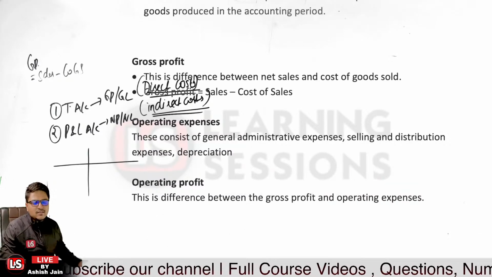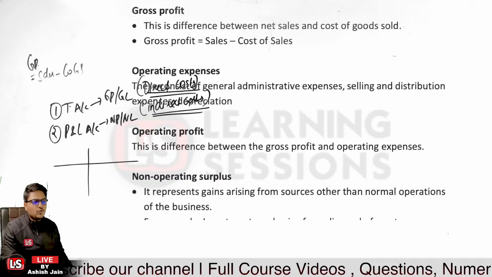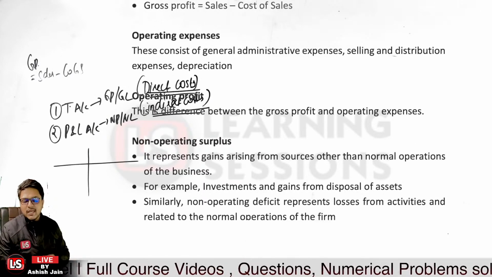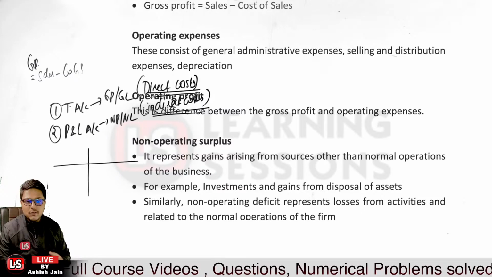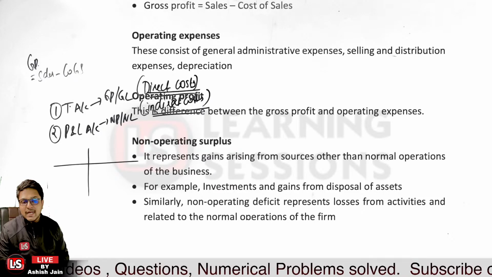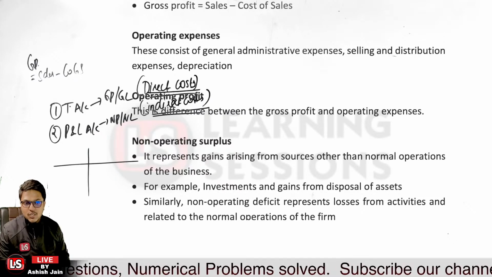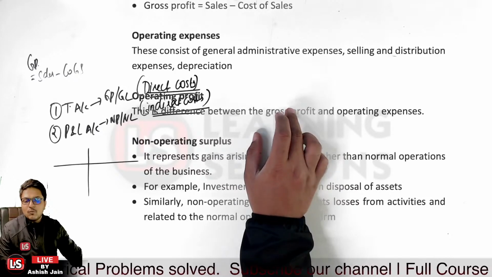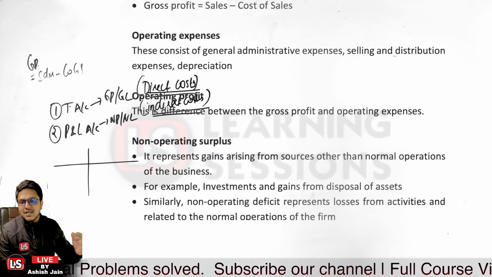Further, the next term that we are going to cover is non-operating surplus. Now, what is non-operating surplus? If I say that I manufacture furniture, that would be my primary business. So operating profit would be whatever earnings I have made from my primary business line.